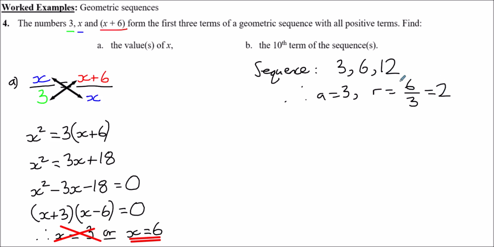So the terms are doubling. So therefore the 10th term is the first term multiplied by the common ratio 2 to the power of 10 minus 1. So 3 times 2 to the 9 essentially.